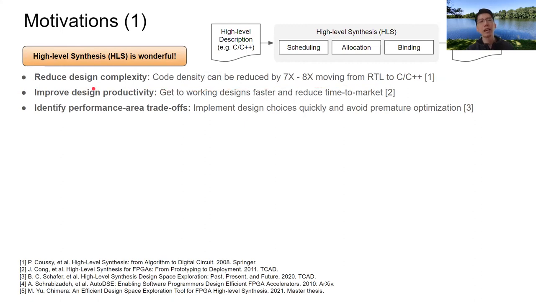Secondly, it can improve the design productivity. It can help the designer get the work done faster and reduce the time to market. And finally, HLS can also help designers quickly identify the performance-area trade-offs, because you can implement different design choices very quickly and avoid premature optimizations.